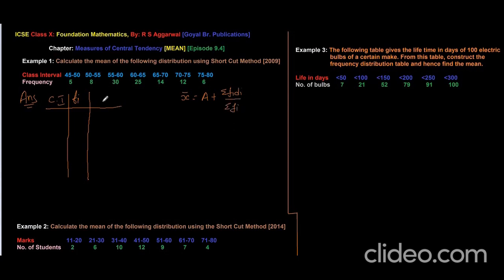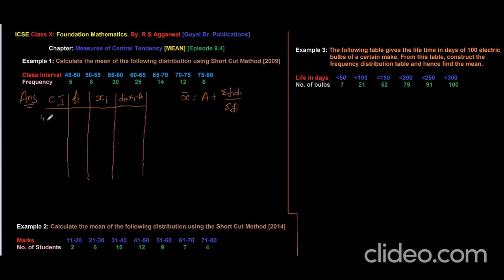So now here you require di. First of all we will require to find out class marks, because class interval is given as 45 to 50. So we require to find out class marks. After class marks are found, you require to find out di, which is equal to xi minus a. Okay, so let us write down the class interval.